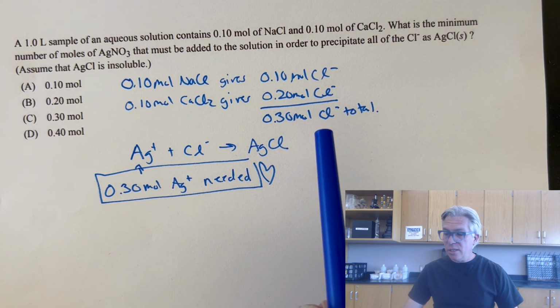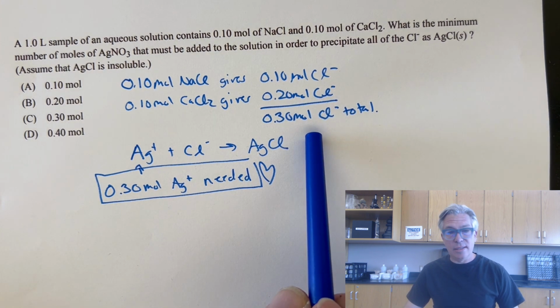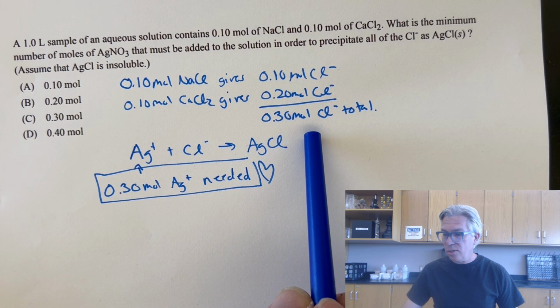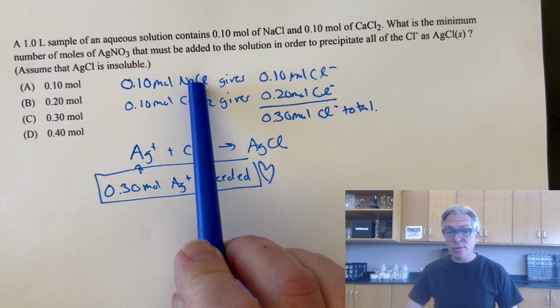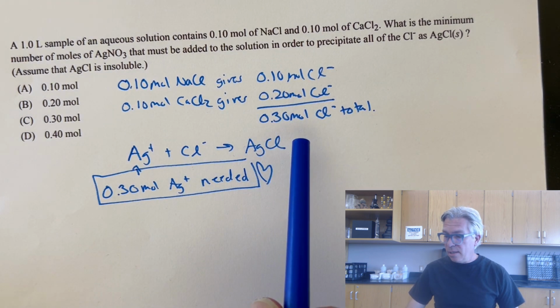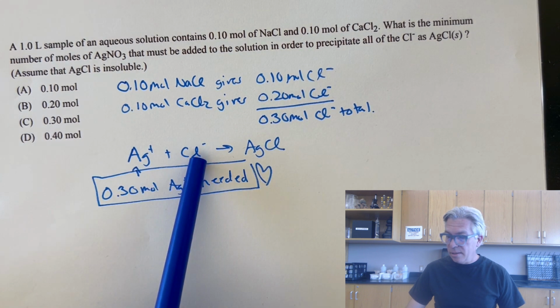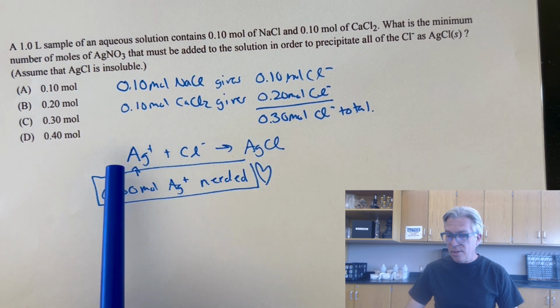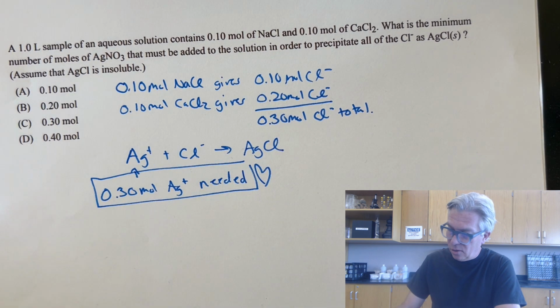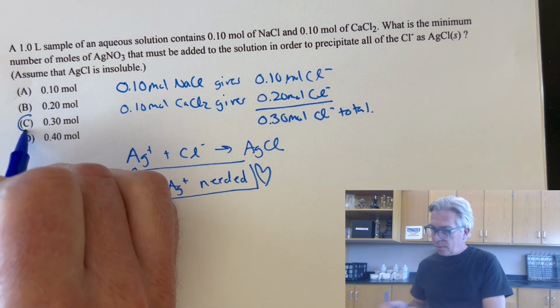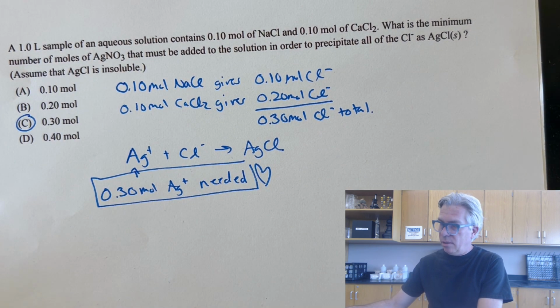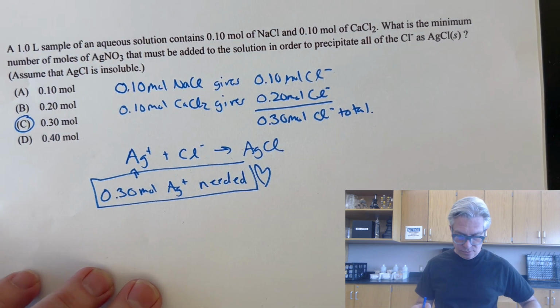What we really need to know is the total number of chloride ions in that solution, whether they came from sodium chloride or calcium chloride. 0.3 is the total. And because each chloride ion needs a silver ion, in a 1-to-1 ratio, I'm going to need 0.3 moles of silver as well. Hopefully that made sense.